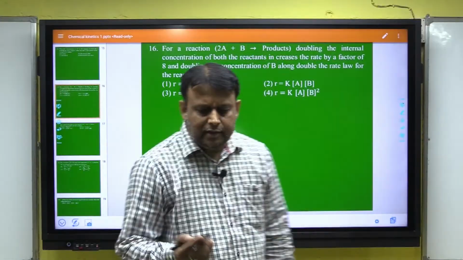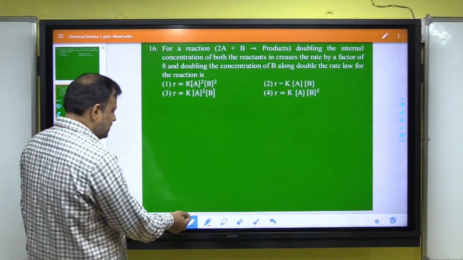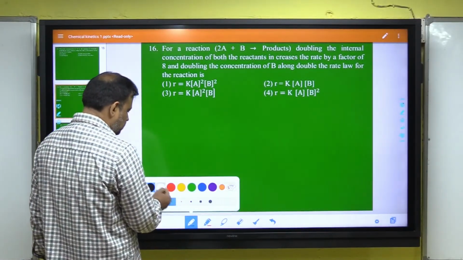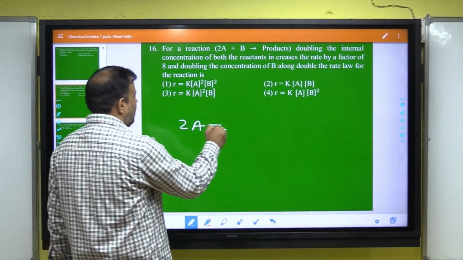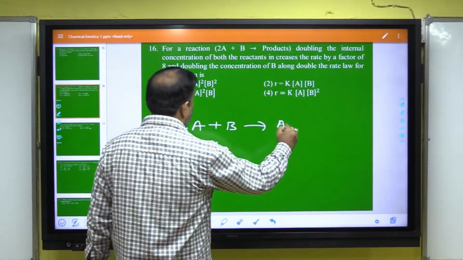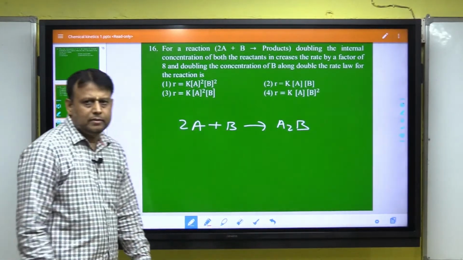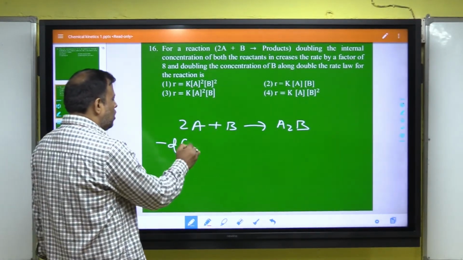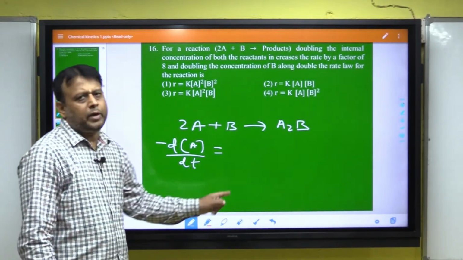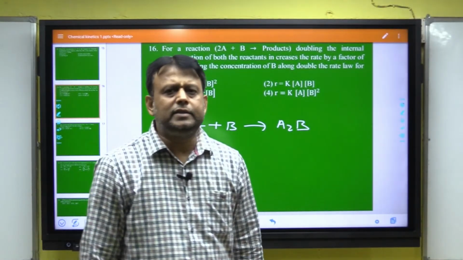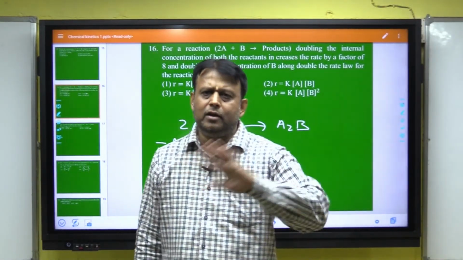In the previous lecture, I had discussed the rate of reaction 2A plus B convert into A2B. Minus d conc A by dt is equal to rate of A and is called rate of disappearance of A. I am repeating all things.